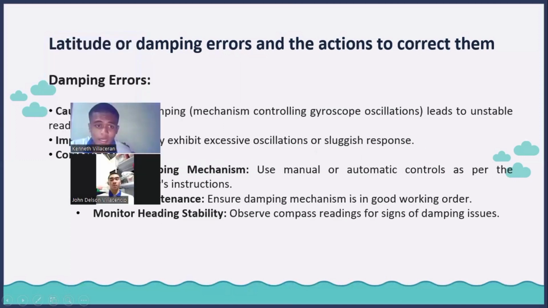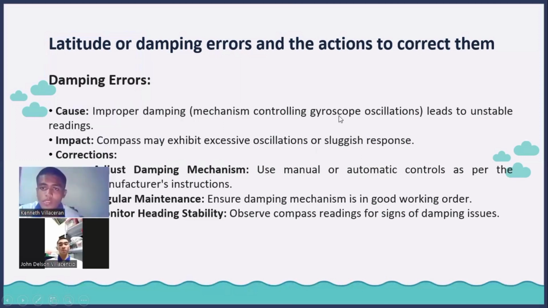Damping errors. Cause: an improper damping mechanism controlling gyroscope oscillations leads to unstable readings. Impact: the compass may exhibit excessive oscillation or sluggish response.